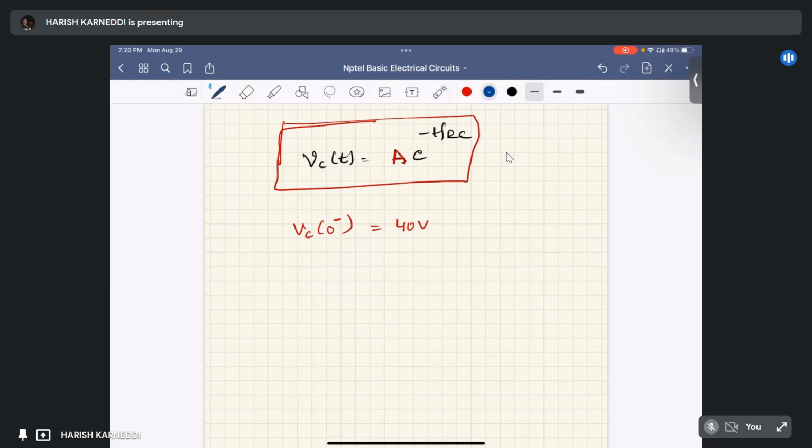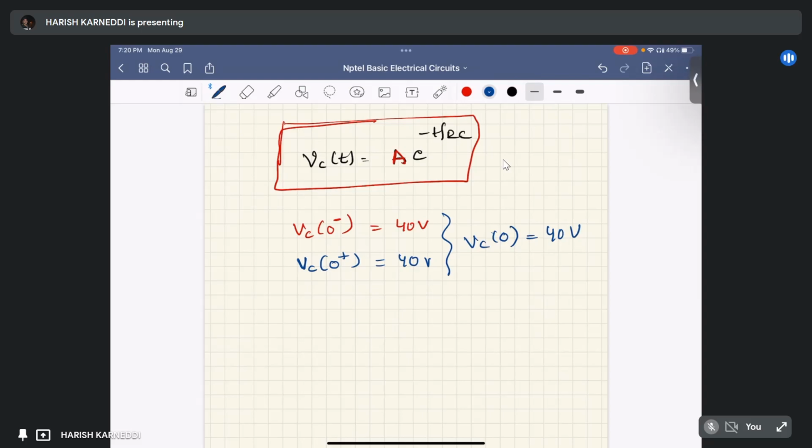Due to this property, VC of 0 plus is also 40 volts. So VC of 0 equal to 40 volts.